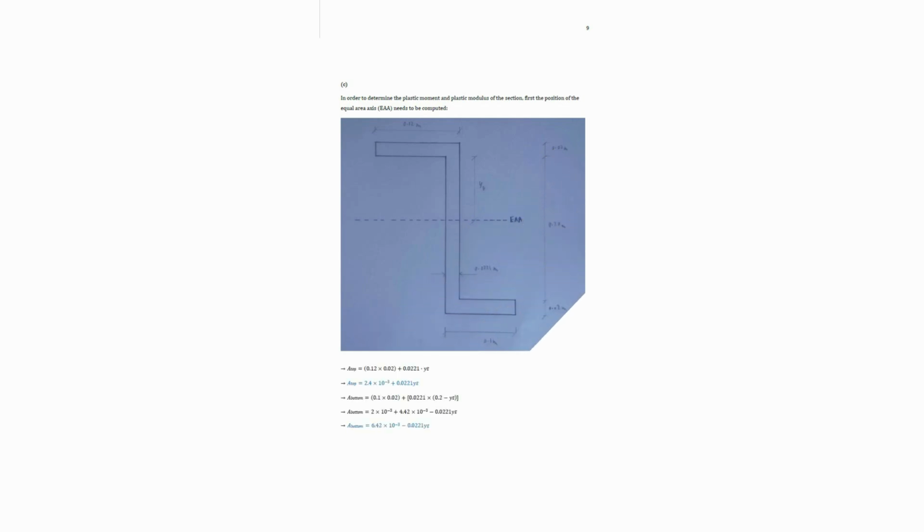Q2 C. To find the plastic moment and plastic modulus. 1. Locate equal area axis, EAA. Find the position in the cross-section where the areas above and below this axis are equal. 2. Calculate forces. Determine the forces in each part of the section based on the yield stress. 3.